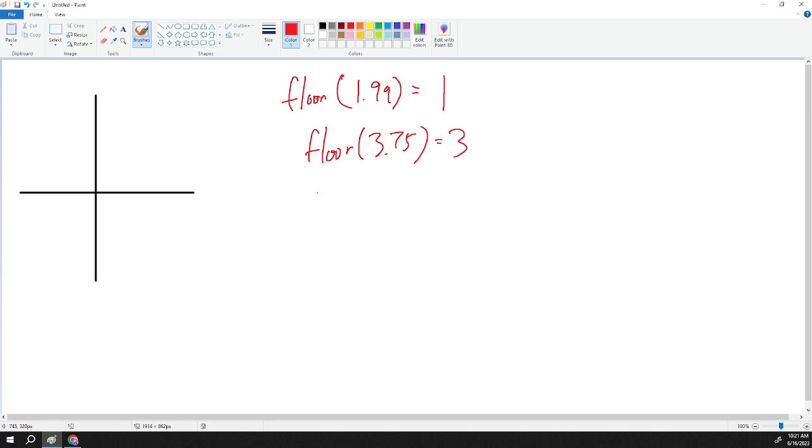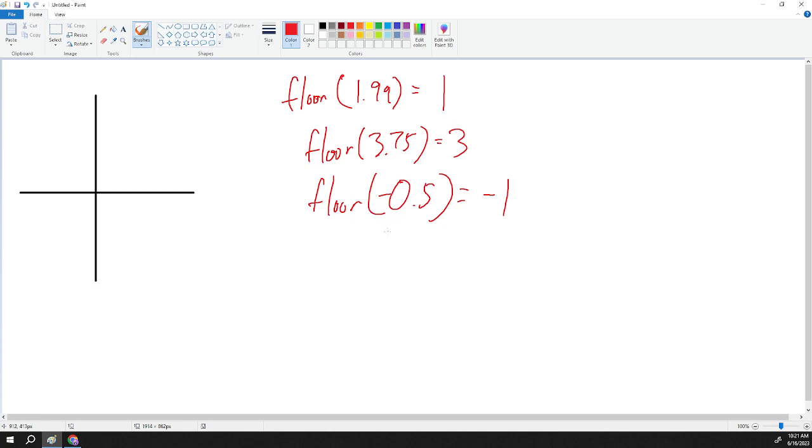But what if it's floor of negative 0.5? What is the answer here? What is the floor of negative 0.5? Anyone? Correct, negative 1. Again, floor gets the lower integer.